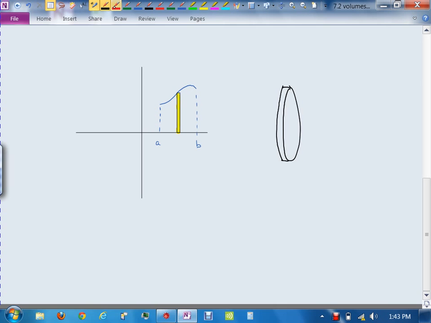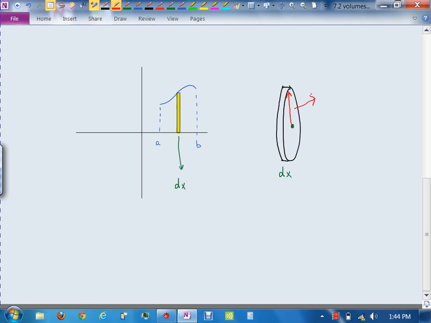And how wide is this washer? dx, because isn't it the same as the width of the yellow rectangle, right? This width right here was dx, and since I revolved it, that would also be dx. Okay, tell me about from the center of this out to the edge, which would be the radius, wouldn't it?